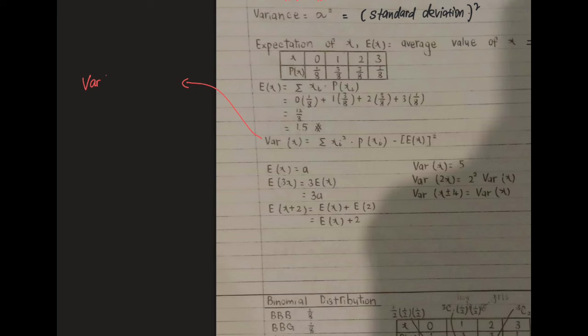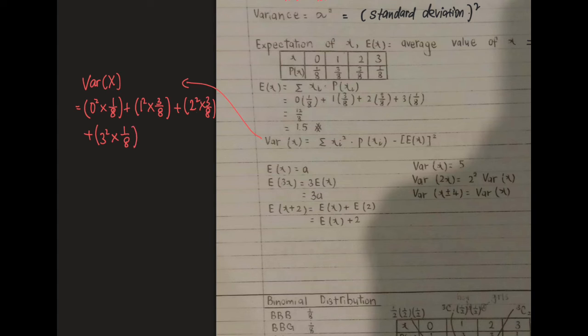Based on the formula, you have to square the x: 0 square times the probability, 1 square times the probability, 2 square times probability, 3 square multiplied with probability.